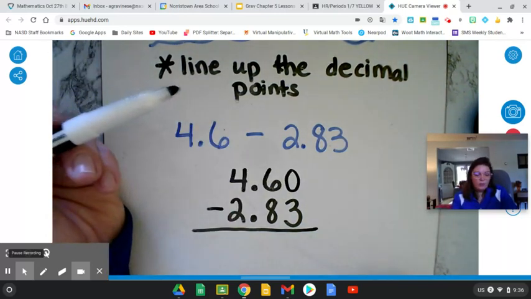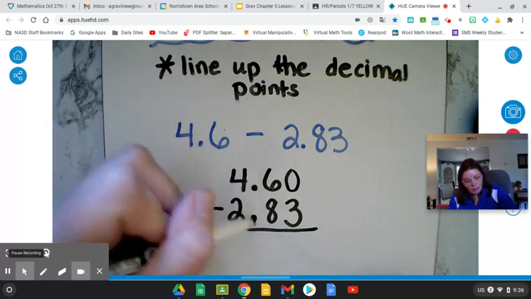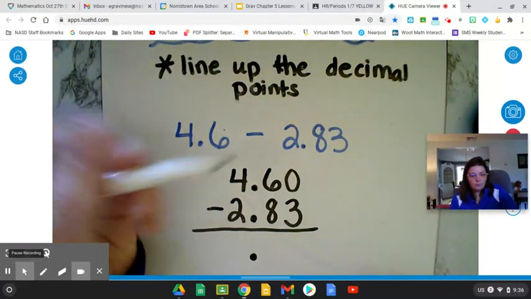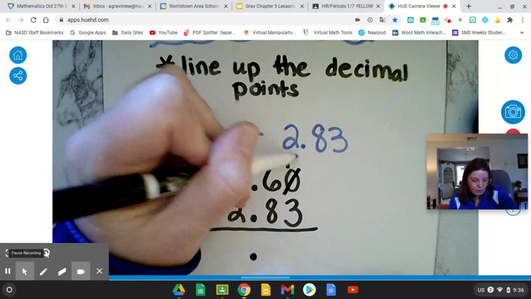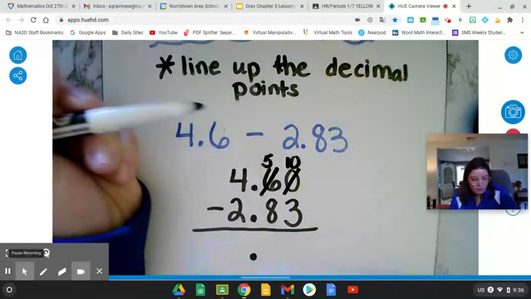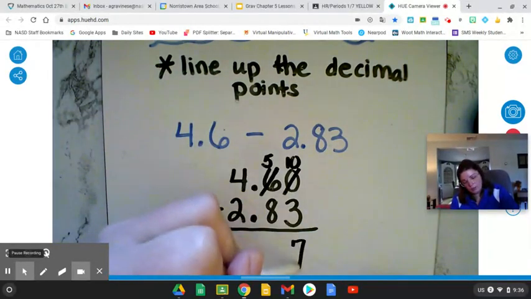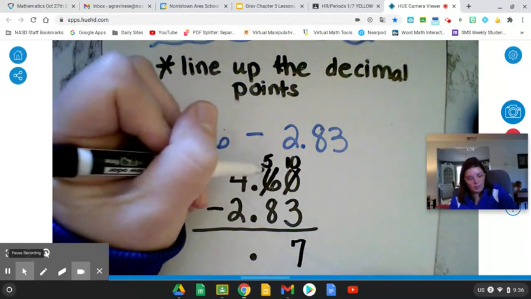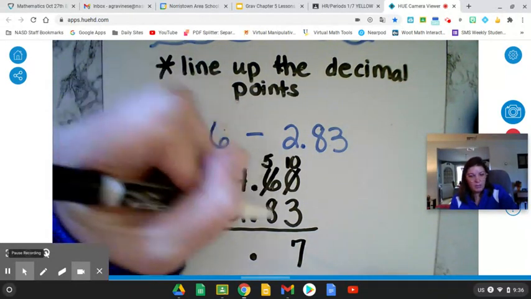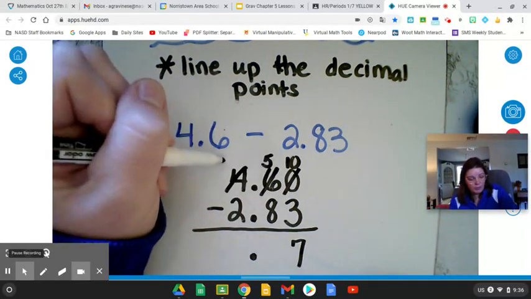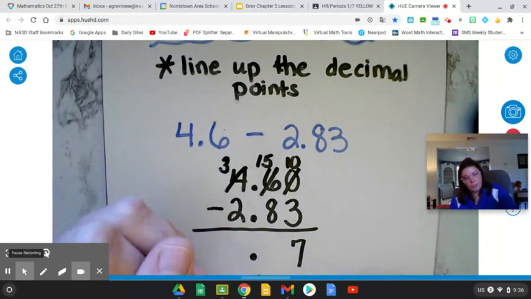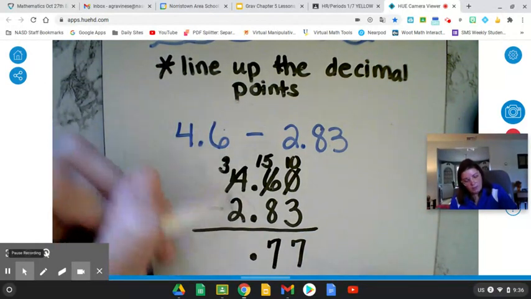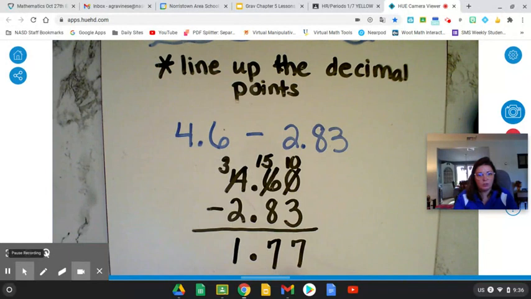And then I want to follow my rules of subtraction. Lining up my decimal points. 0 becomes 10 because we're borrowing. 10 minus 3 is 7. I can't take 8 from 5, so I'm borrowing again. 15 minus 8 is 7, and then 3 minus 2 is 1. So we still get 1 and 77/100ths.